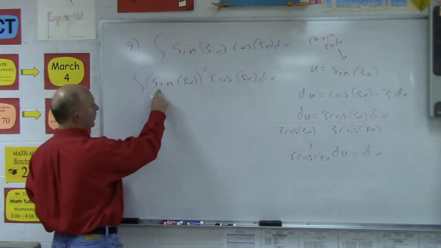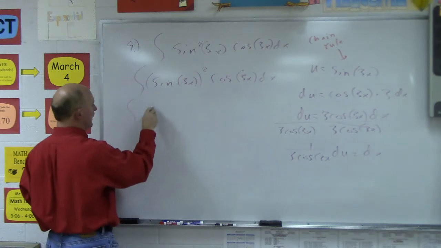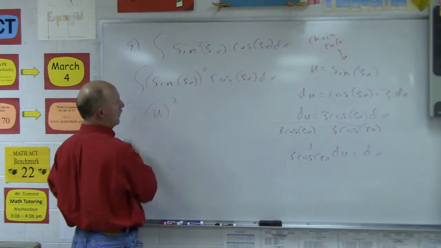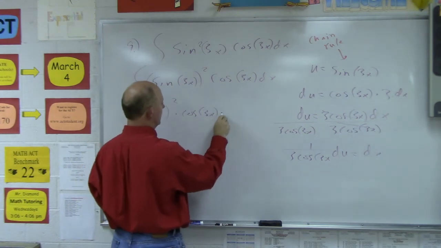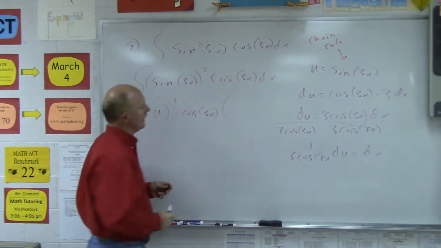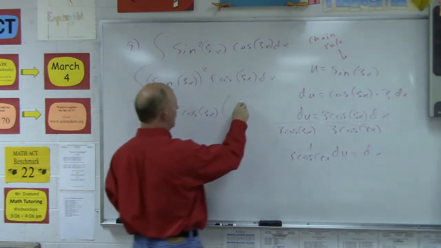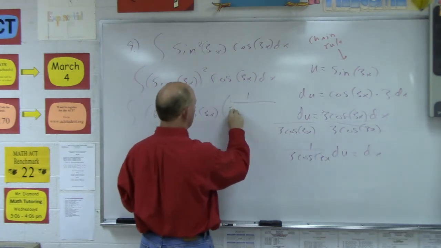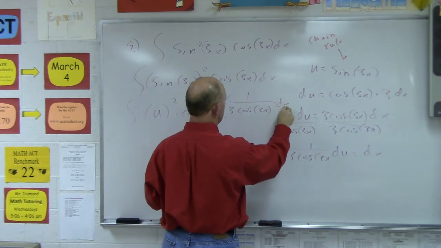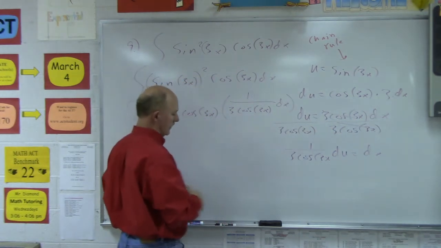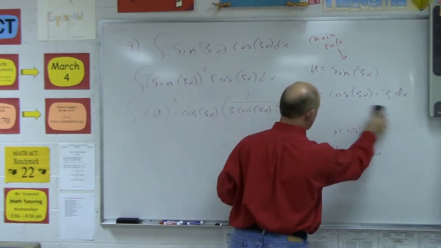So sine 3x to the second power becomes u to the second power, times cosine 3x, times, now let's replace the dx. So the dx will be 1 over 3 cosine quantity 3x du. So we have to erase this part right here, there we go.